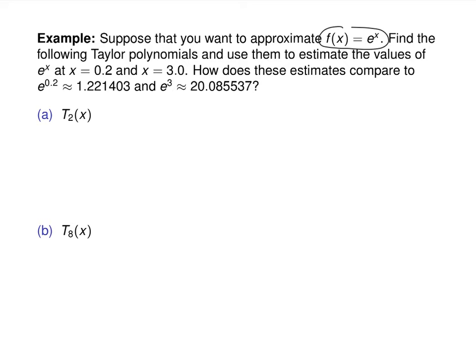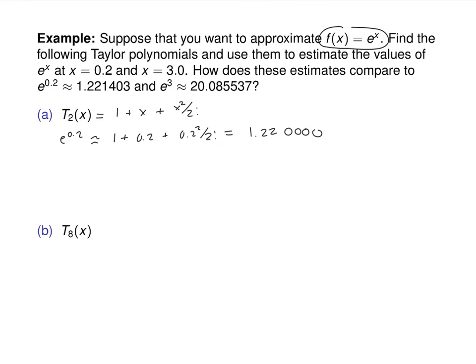So first of all, the second degree Taylor polynomial will be 1 plus x plus x squared over 2 factorial. And if we estimate e to the 0.2 by plugging 0.2 into this, we get 1 plus 0.2 plus 0.2 squared over 2 factorial, which is equal to 1.22 and then a whole bunch of zeros.